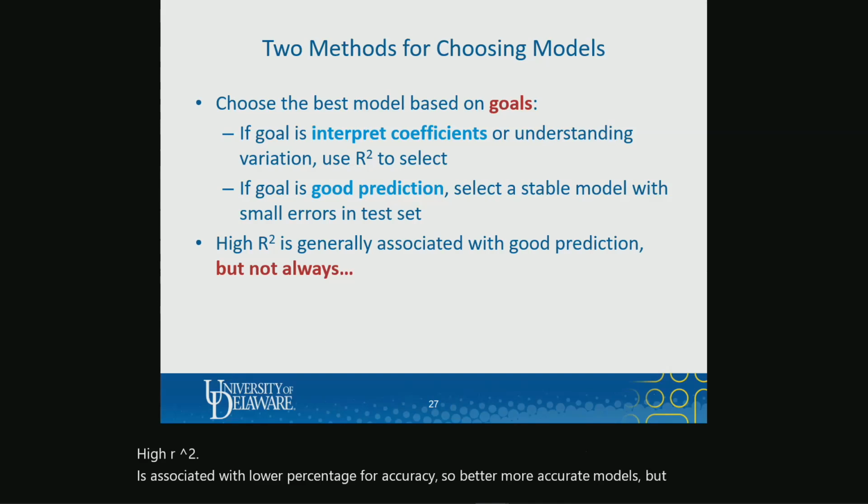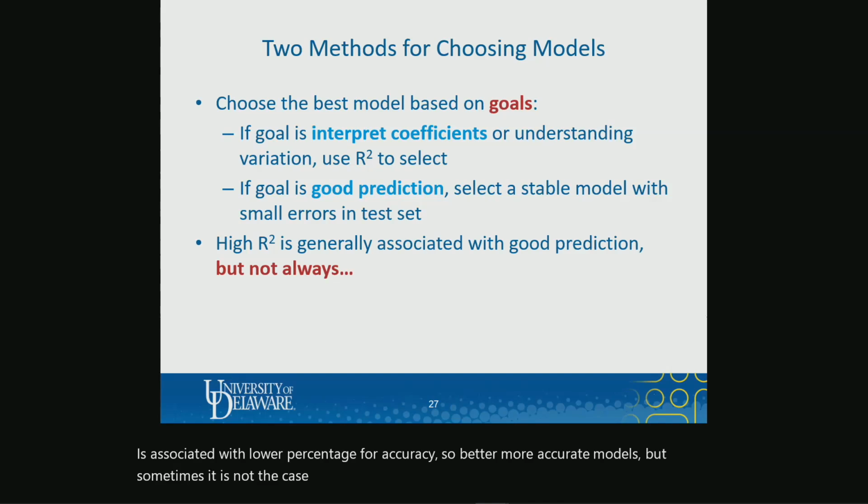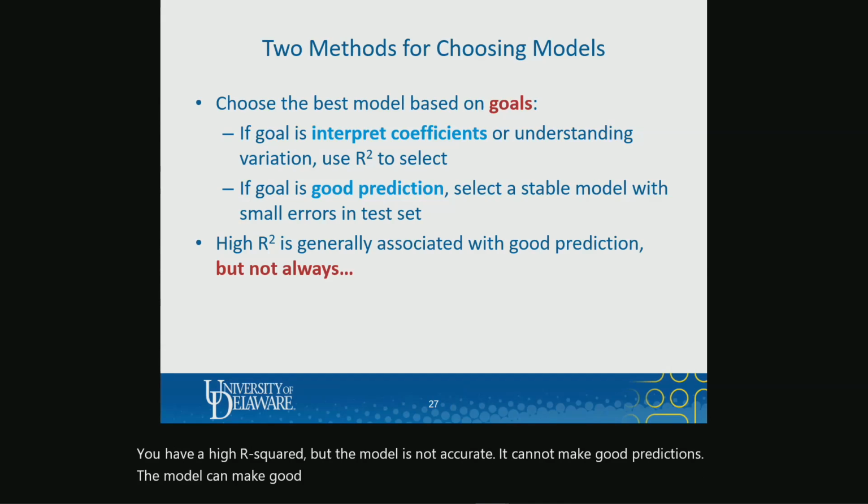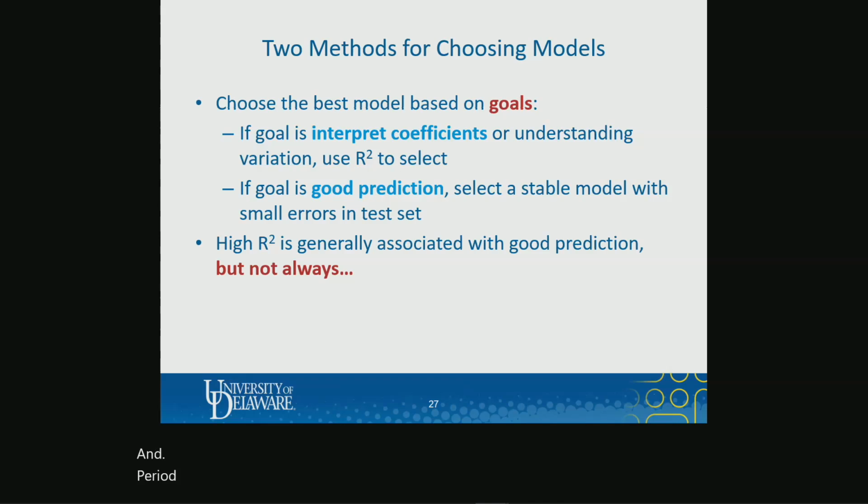But sometimes it is not the case. When you have an overfitting situation, you have a high R squared, but the model is not accurate. It cannot make good predictions. The model can make good predictions for the past, but not for the future. You know? And predicting the past is not that difficult.